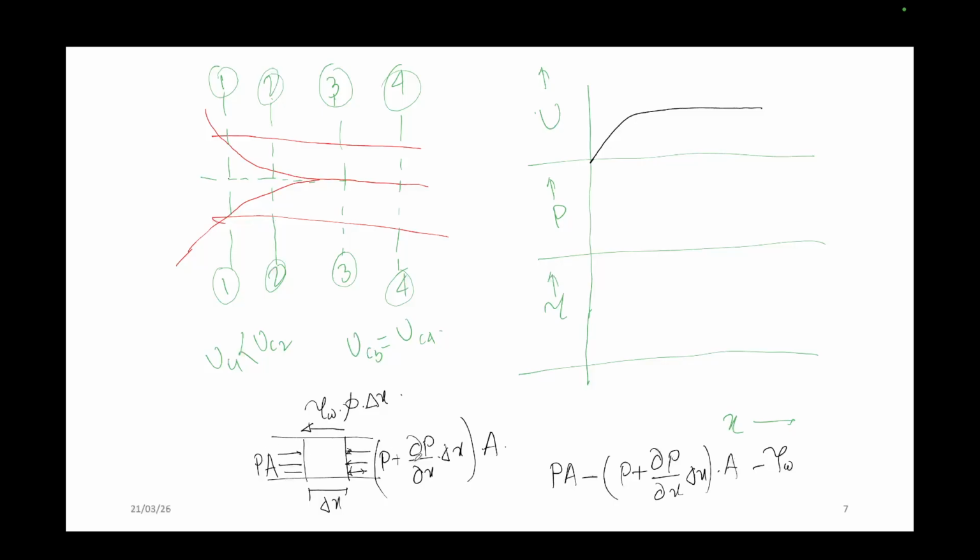If there is a pressure difference, then there is a flow, right? Small p is your perimeter. So this PA will cancel out, right? You will get only del P del X A equal to tau W p.